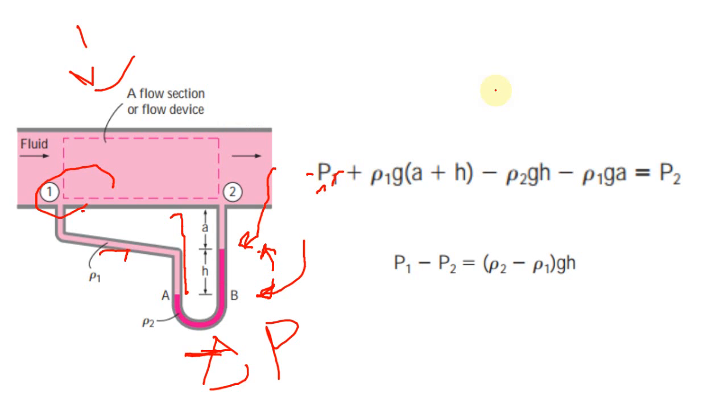So this drop in pressure is the pressure loss in the duct, and you can measure it just by measuring h and knowing the density of the fluid.